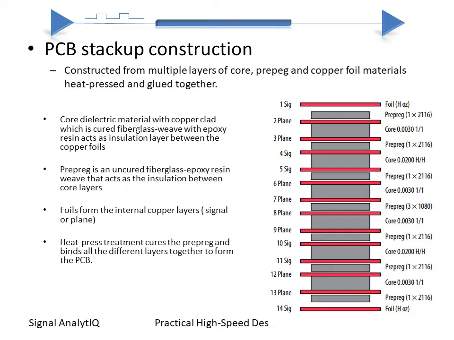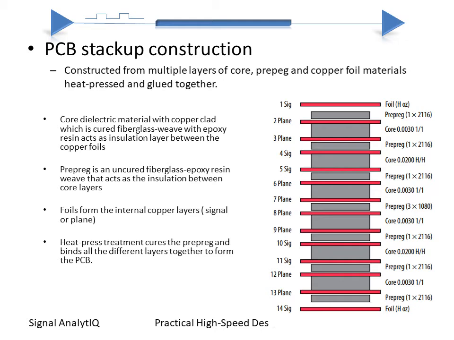Some of the key points that we should address: the core is a dielectric material with a copper clad, cured through fiberglass weave with epoxy resin, and acts as an insulation layer between the copper foils in a PCB. Secondly, the prepreg is an uncured fiberglass epoxy resin weave that acts as an insulation between the core layers.